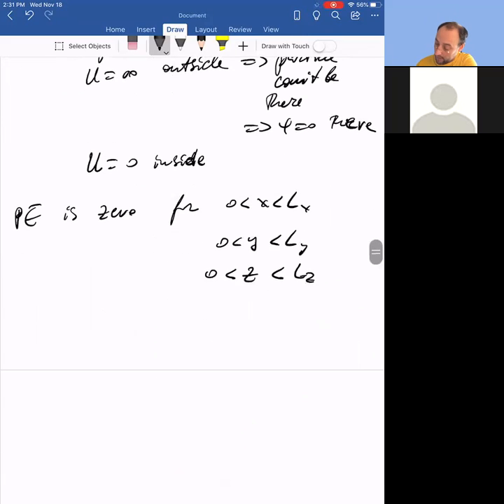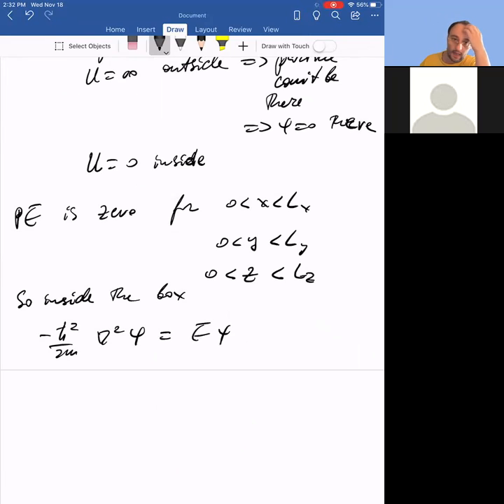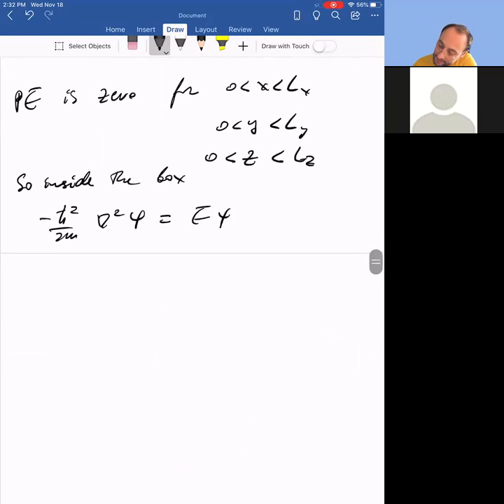And so inside the box, you get, not too bad. But it's still a little bit bad because psi is a function of x, y, and z. So how do you solve this equation?